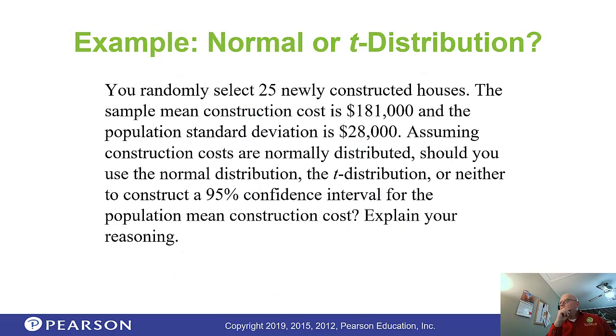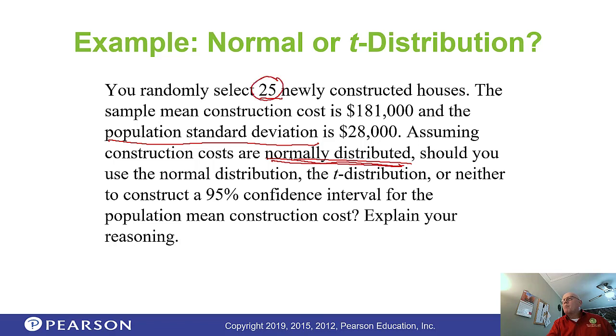Another example for us. 25 newly constructed houses. We've got a mean. We've got a population standard deviation. Notice that. Very important. That means we're going to use Z-scores, not T-scores. Normally distributed, good. Notice it was only 25, so it's a good thing it was normally distributed, because if it hadn't been, we would have been out of luck.